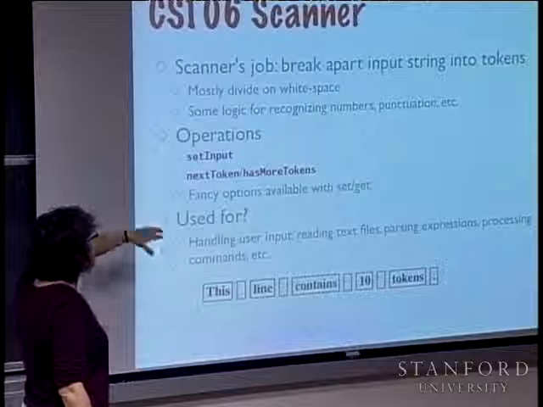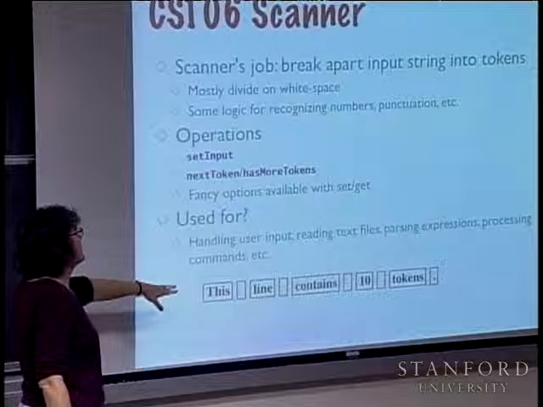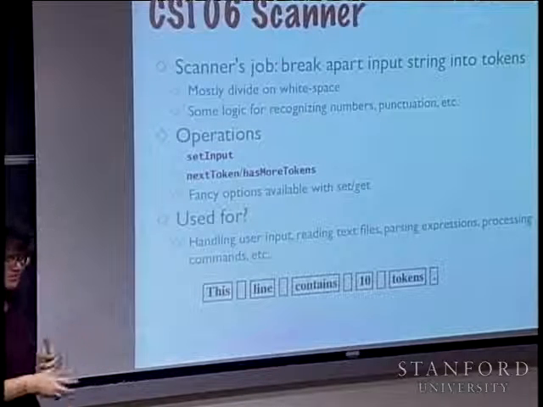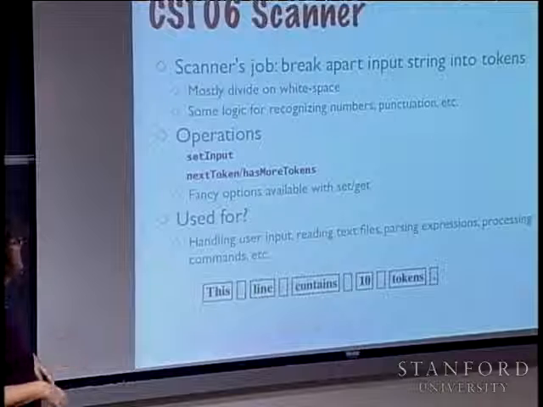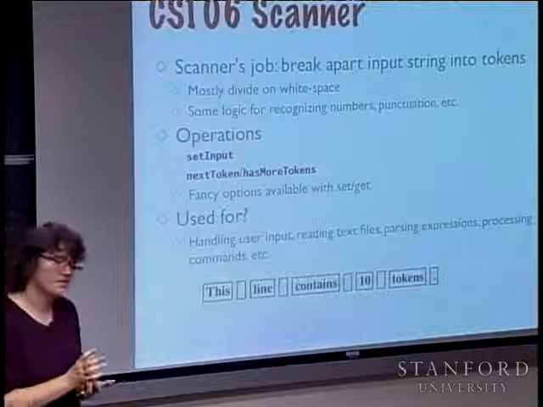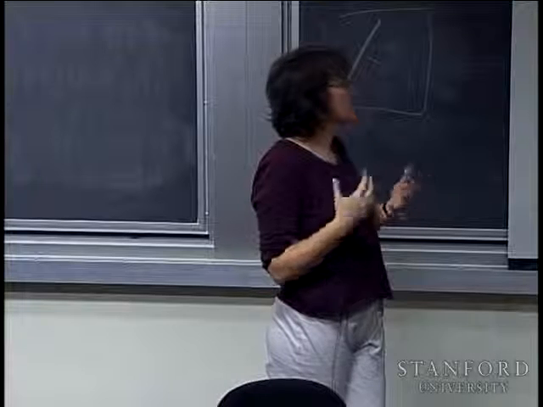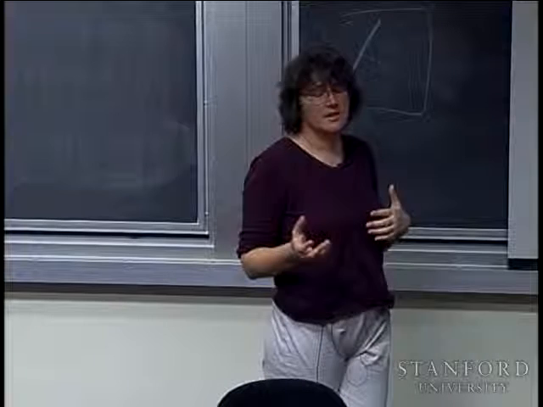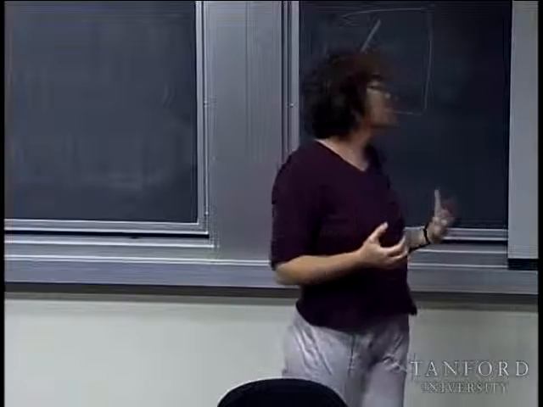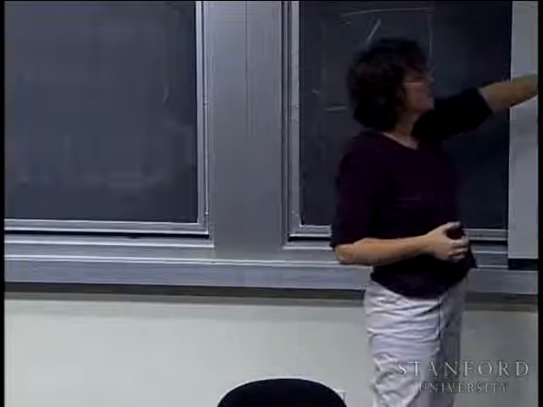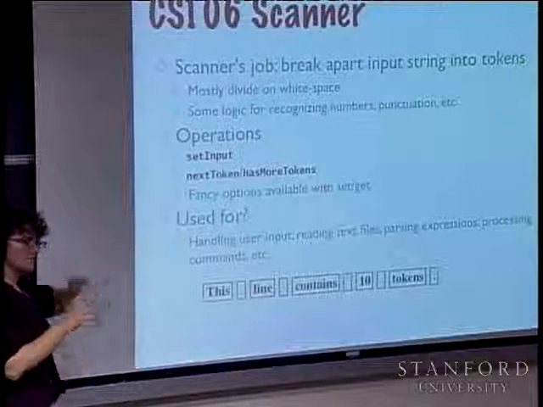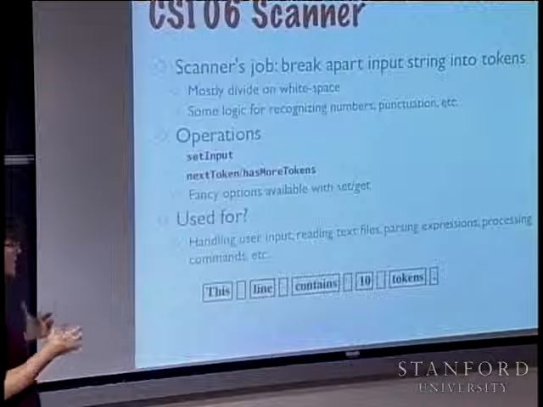It has fancy options, though, that let you do things like discard those space tokens because you don't care about them, to do things like read the fancy number formats. So it can read integer formats and real formats. It can do the real format with exponentiation in it, with leading minuses, things like that, that you can control with these setters and getters, like what it is you want it to do about those things.